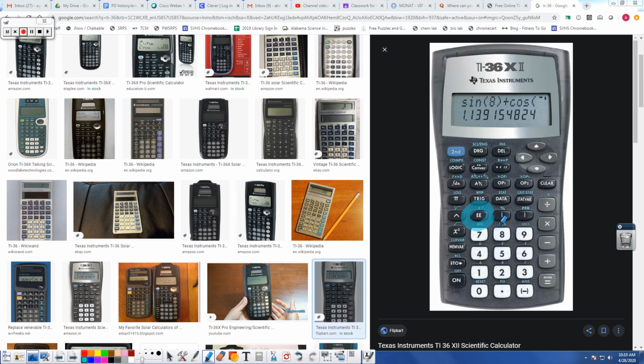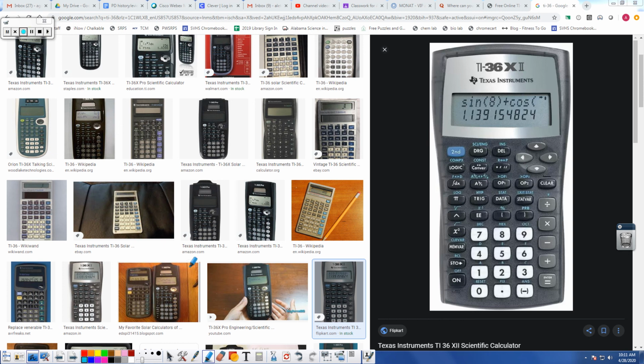You could press times and type in 10, and then use this caret button and add the 23. But remember, your calculator does not understand order of operations. And so by using the EE button, you are forcing it to treat that 6.02 times 10 to the 23rd as a unit. Okay, and so it's making it solve that and then put it with whatever.